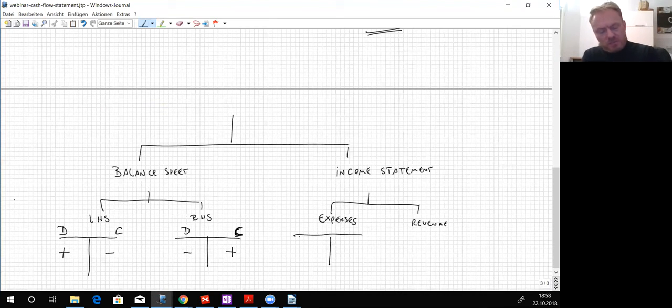The expenses rise on the debit side and go down on the credit side, and revenues, again the other way around, rise on the credit side and go down on the debit side. That's always important to fully understand.